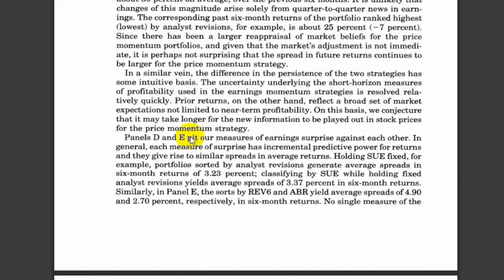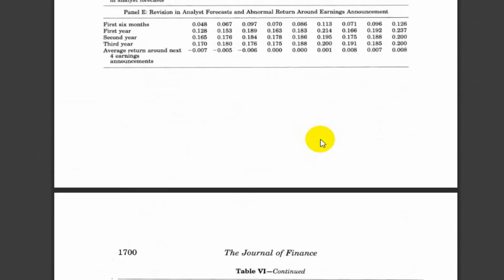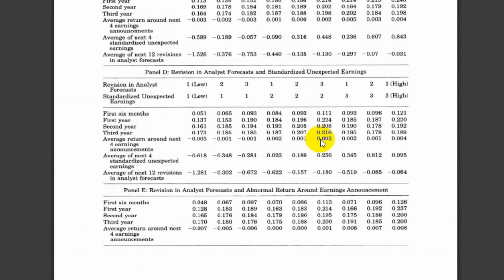And so panels D and E from Table 6 put the different measures of the earnings surprise against each other. So let's look and see the results of which one performs better. These tables are done in the same way as panels A through C, only we're first ranking by the SU and then getting subsamples of ranks of the analyst forecast revision.